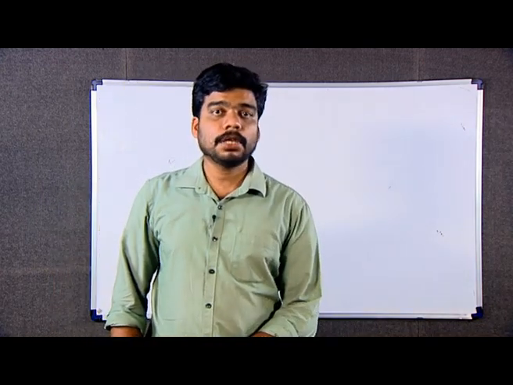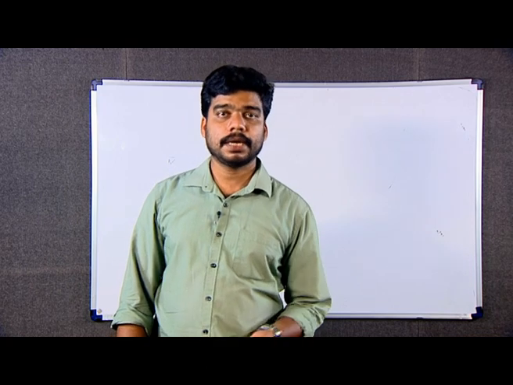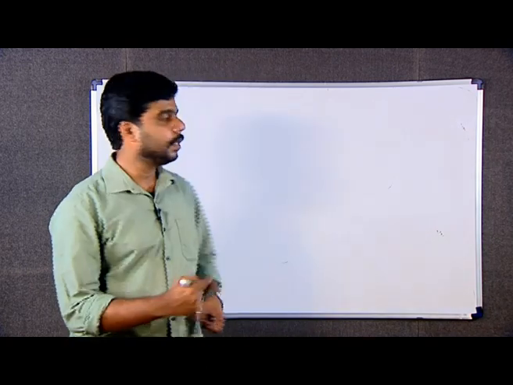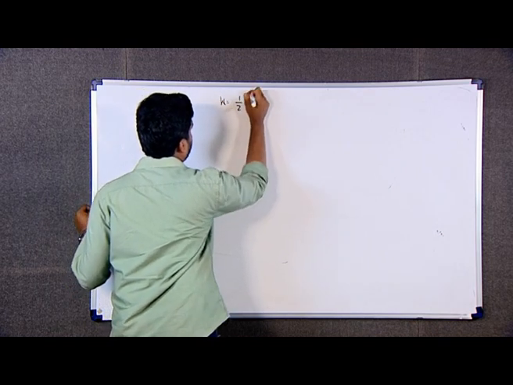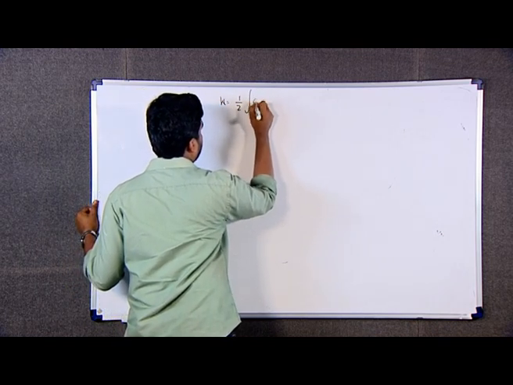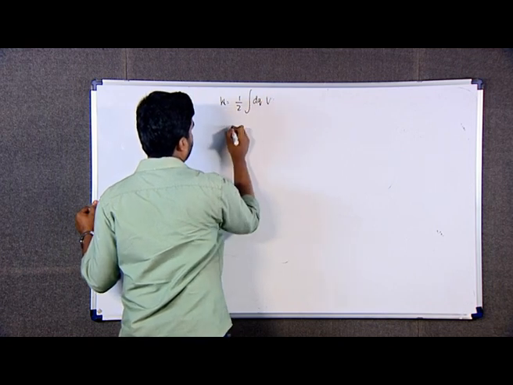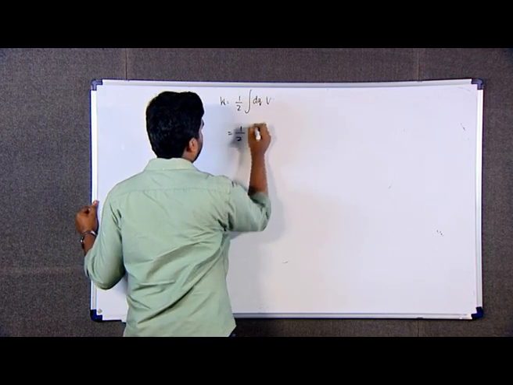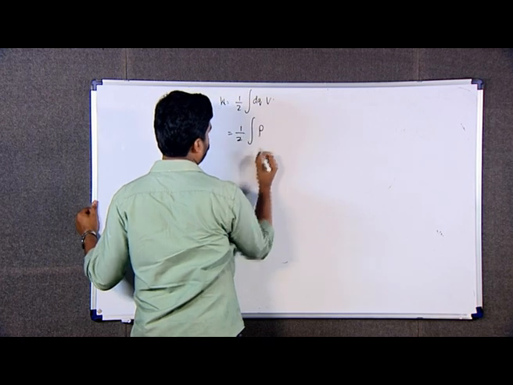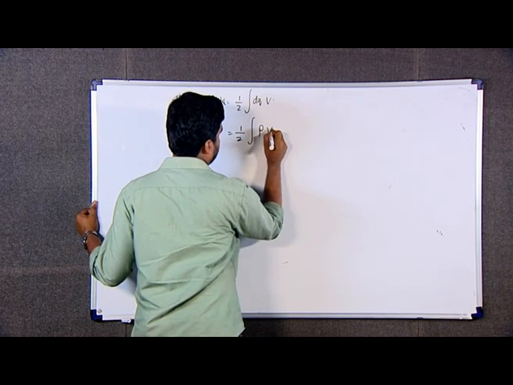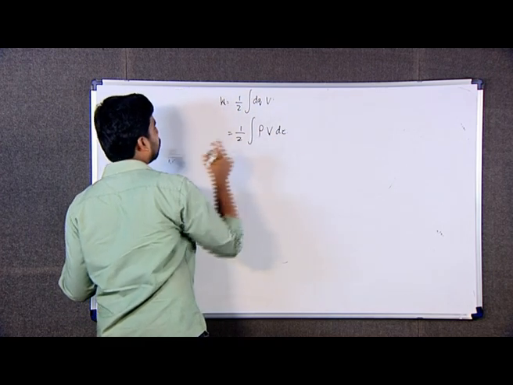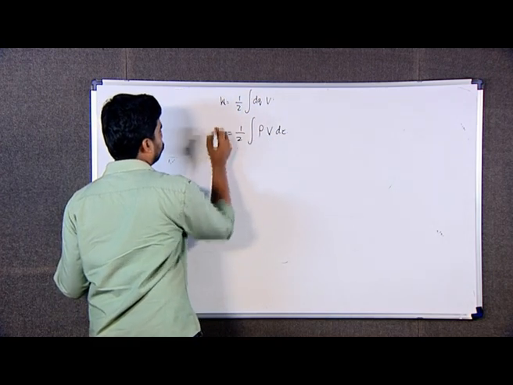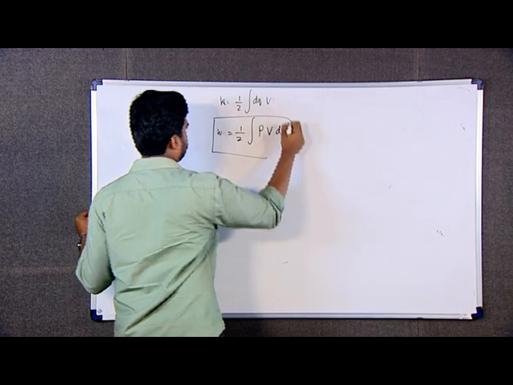For a volume charge distribution, it is a very simple equation, which is equal to half integral dq V, where I can put dq as rho v into d tau, where rho is the volume charge density.